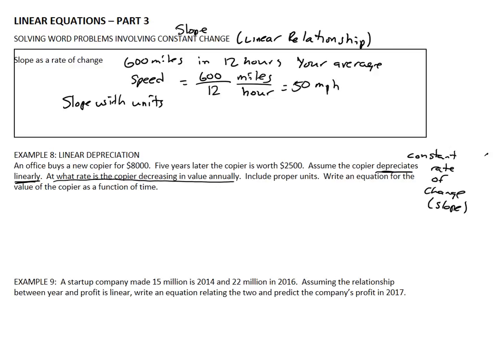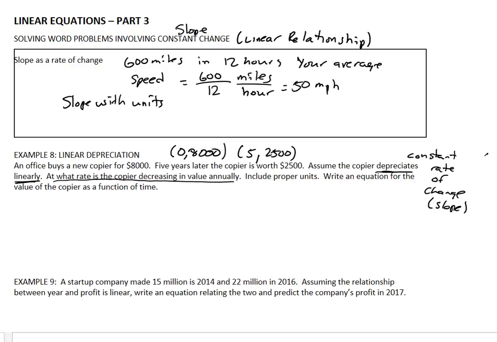And we could figure that out, but let's think of this as 2 points. When the copier is new, it's 0 years old, and the value is 8,000. When the copier is 5 years old, it is worth 2,500.